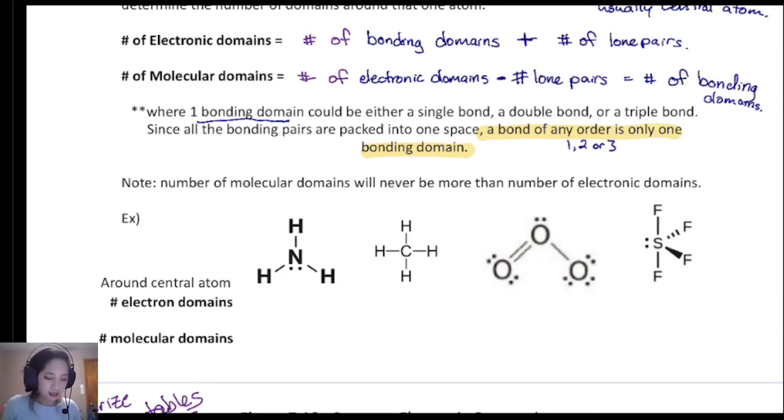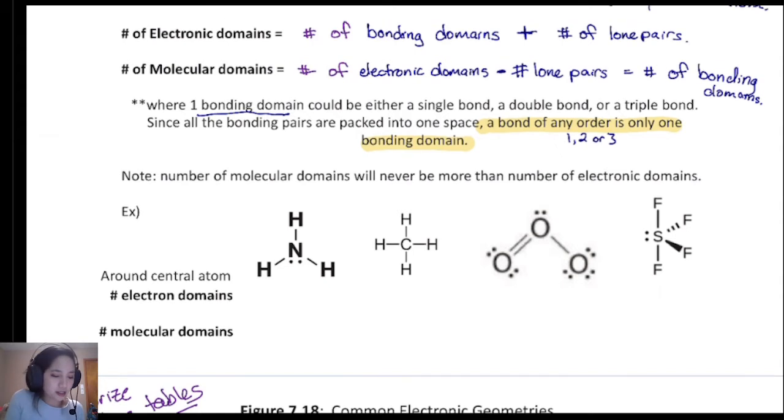So you will see. So let's think about the central atom of these 4 examples. So nitrogen, carbon, oxygen, and sulfur. Let's count the electron or electronic domains and molecular domains. So remember, electron domains is number of bonding environments plus the number of lone pairs.